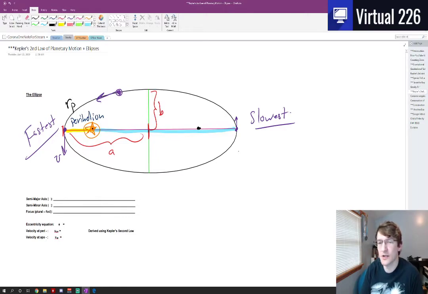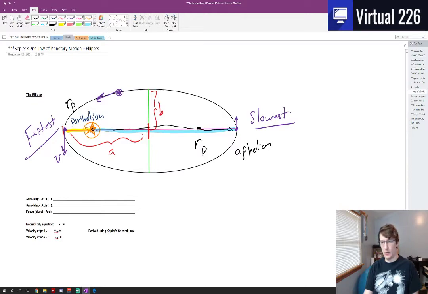Over here, this is our aphelion, or aphelios, and we designate that with an RA. So that is that full distance from here all the way out. And that is our slowest position. Here, we're just kind of reaching the top of a throw, and we're turning over, and we're going to fall back down and speed up.